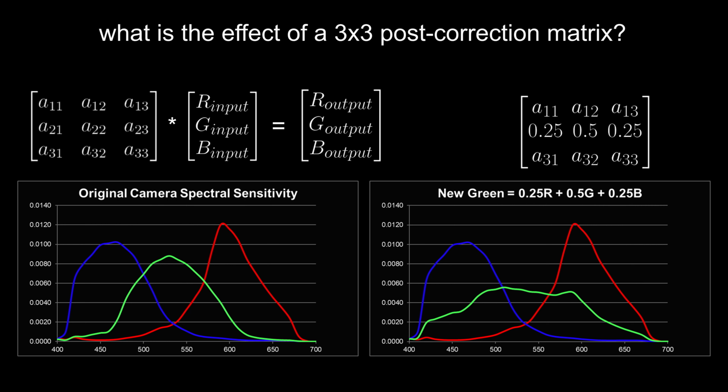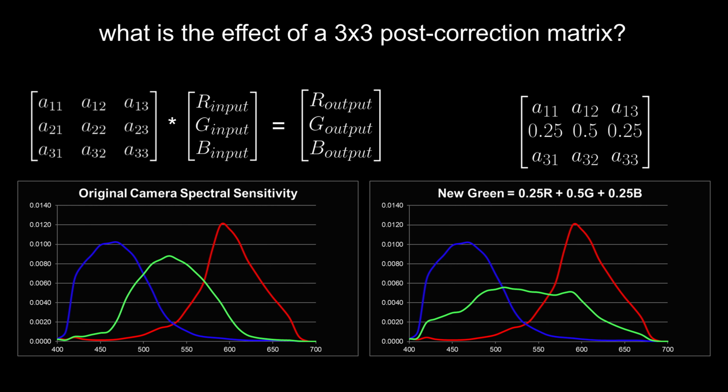In this example that I'm showing here, I've taken green and I've recreated a new green channel for my camera by adding in a small amount of the blue and a small amount of the red channel. And so you can see that I can really spread out the curve of the green spectral sensitivity.